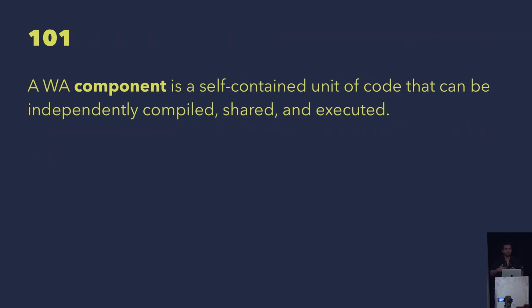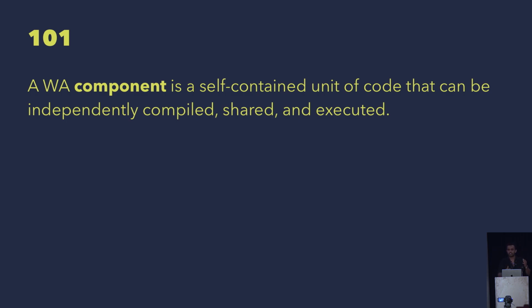Obviously, I cannot go in detail about what is WebAssembly, how to do things, because this is more about interacting with WebAssembly, but yet I will go through 3 basic things that you need to know. And I want this talk to be useful for people who have never tried WebAssembly and yet onboard themselves. First thing, component. It's a unit of code. That's it.